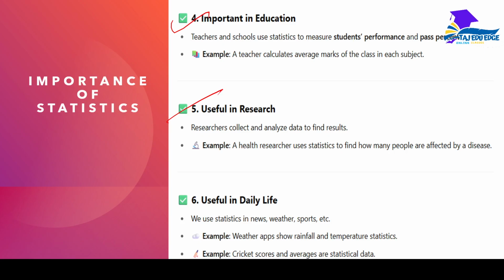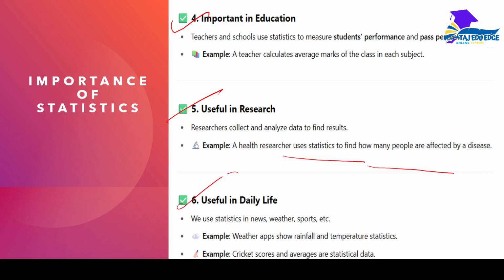All those data will be collected, and based on that, what is the cause for the COVID virus, how it can be avoided, how it can be prevented from spreading. All those data is being collected by the researchers. Based on that, the government took an initiative, and it gave an authority to some companies to find a vaccination for that, right? So here, useful in research, a health research uses statistics to find how many people are affected by a disease. That is an example for that.